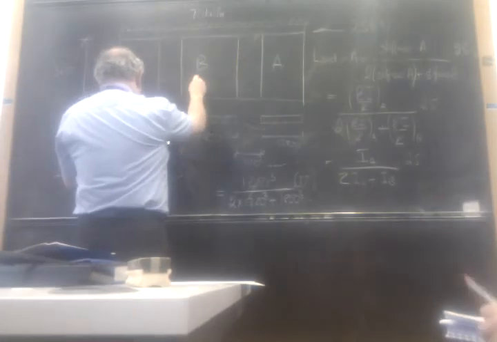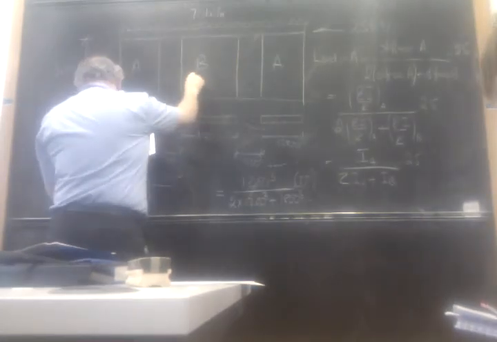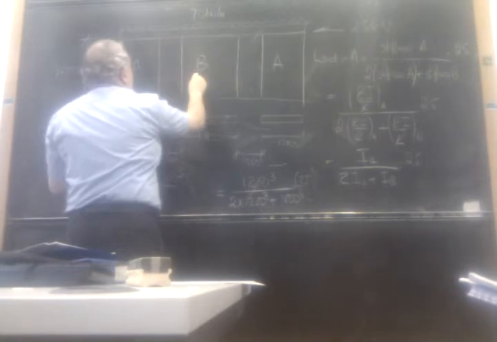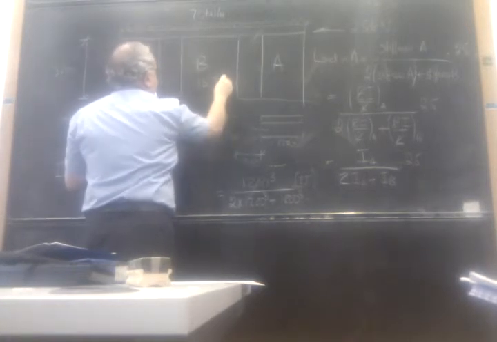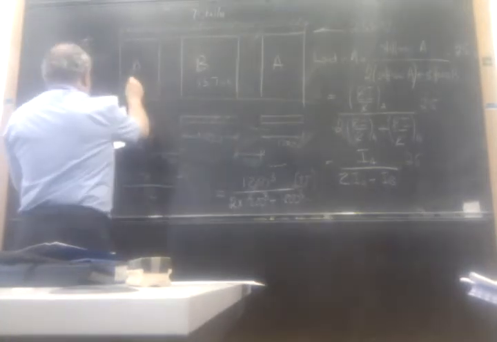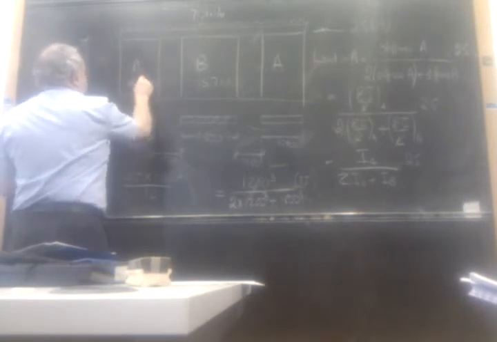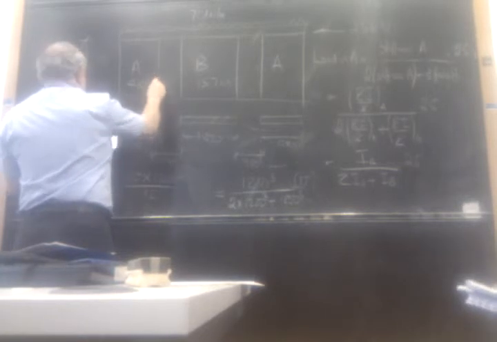Just by way of showing, what did I get? I got for that one the load in wall B, 15.7 kilonewtons, and wall A was 4.65, I think, kilonewtons.